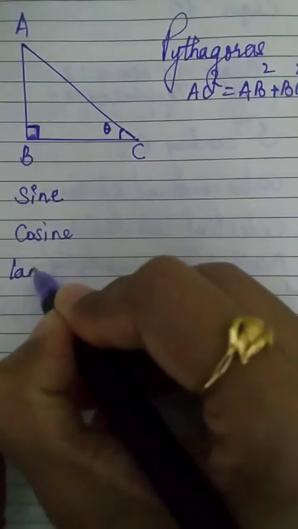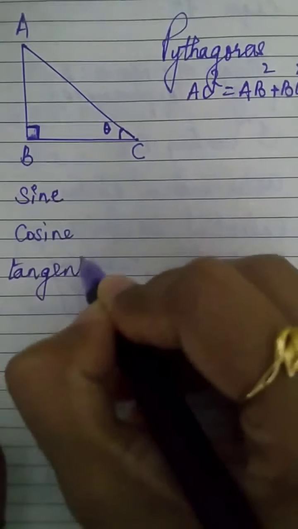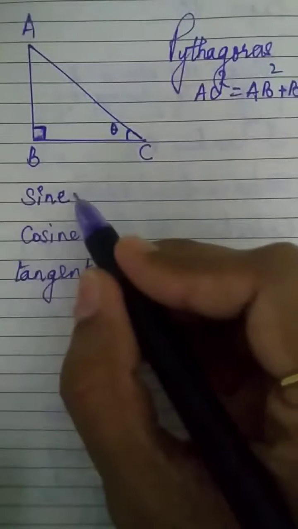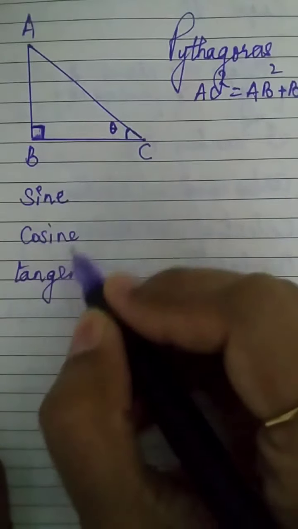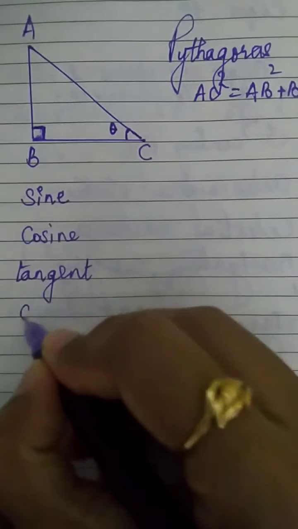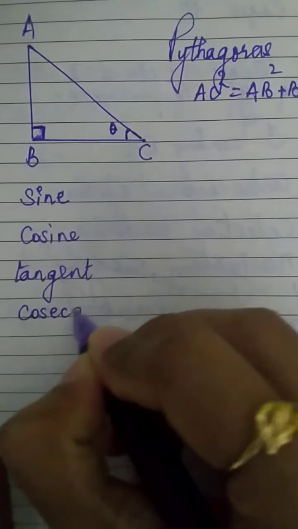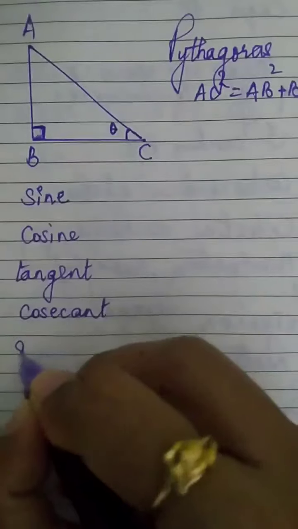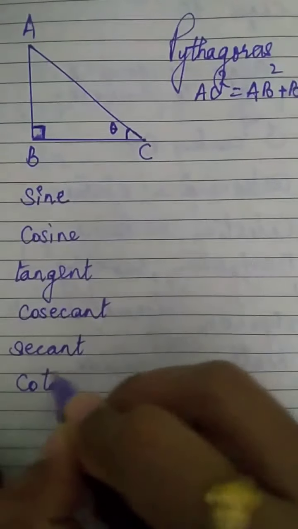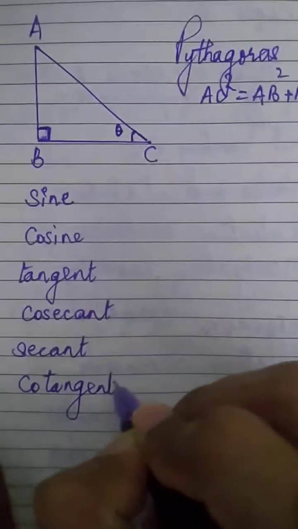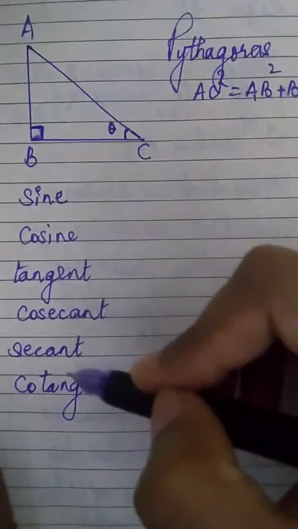Then you have tangent, the short form we will learn as tan. Sine, cosine, tangent. Then you have the opposite of sine, that is cosecant. Then you have secant, and then we have cotangent. These are the various trigonometric ratios.